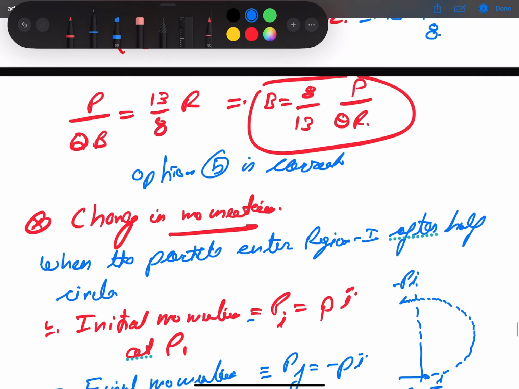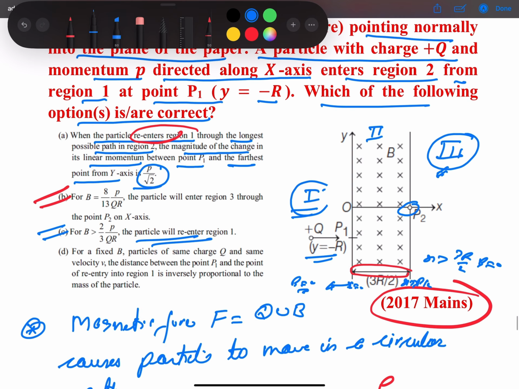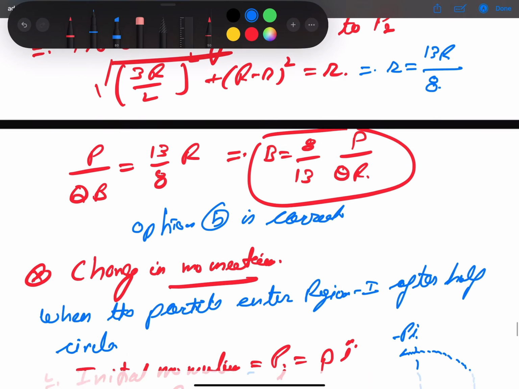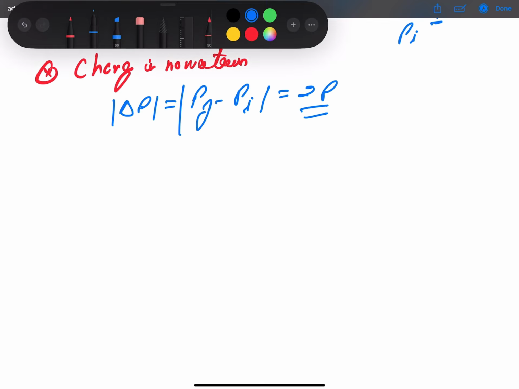So the option that is given to us contains P by square root of 2. So this is incorrect, so option A is incorrect.